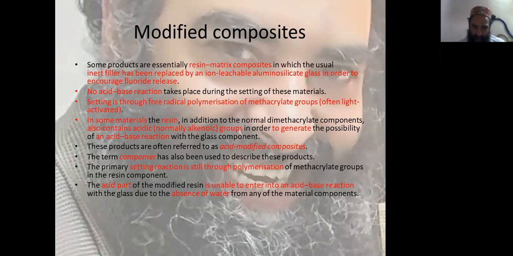In some materials, the resin, in addition to the normal dimethacrylate components, also contains acidic groups, normally alkenoic groups, in order to generate the possibility of an acid-base reaction with the glass component.